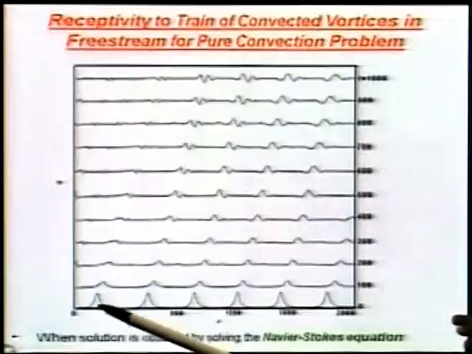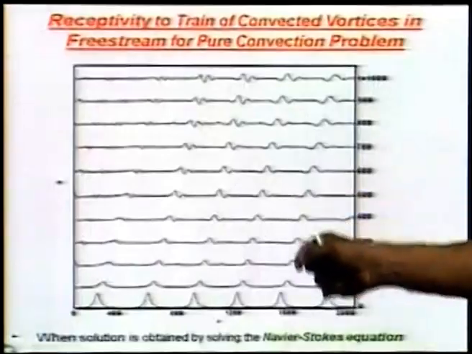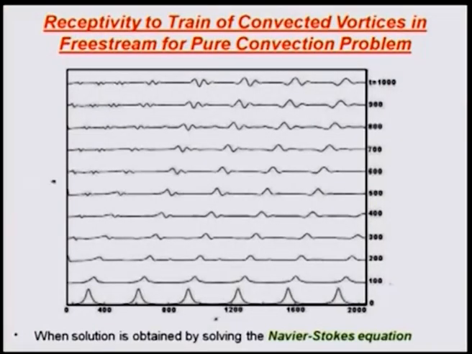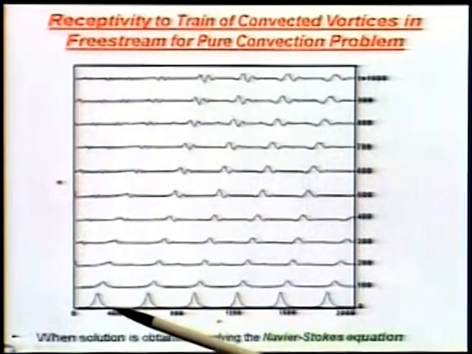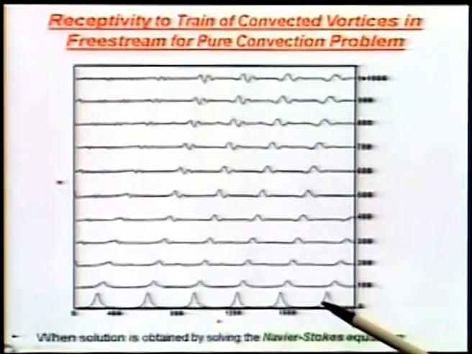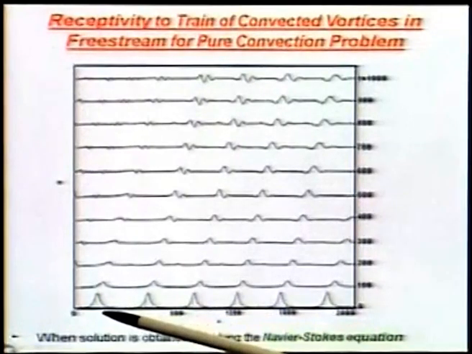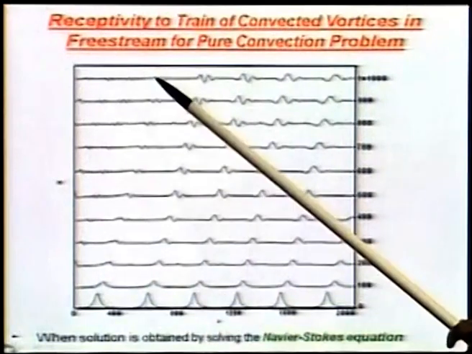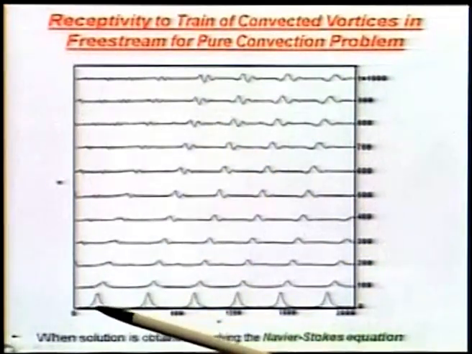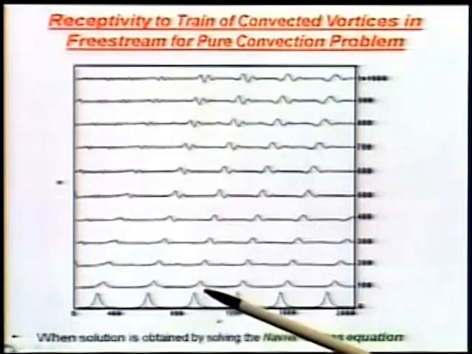So, here we have taken a domain which spans from a subcritical to a significantly supercritical range. And you see in the free stream we had vortices at an interval of 100 pi. So, at t equal to 0, this is the solution. You see at the foot of each of the vortices in the free stream, we get some kind of a peak.